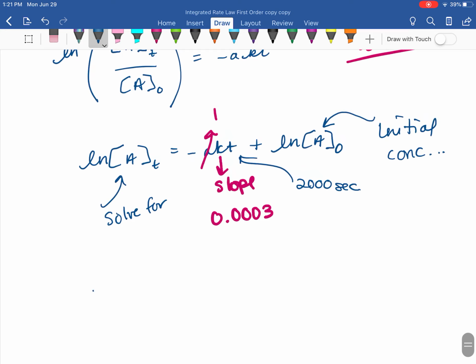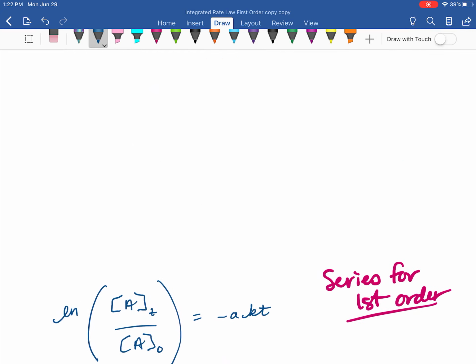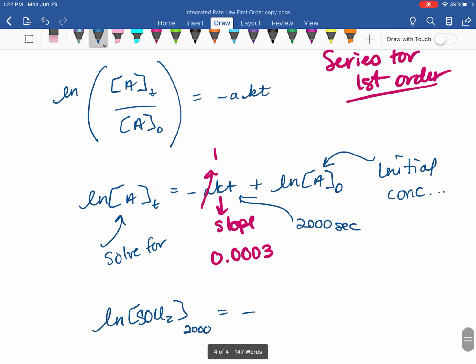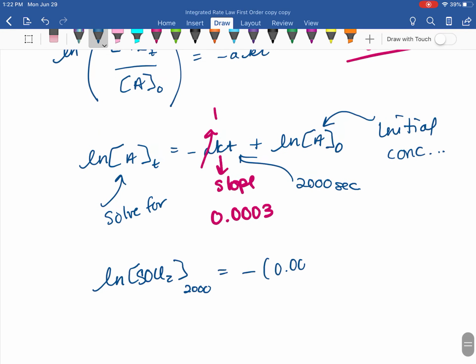Okay, so we're going to solve for the natural log of our SOCl2 at 2,000 seconds. Okay, there's our K. And what would our K be if this is first order? 1 over seconds times that 2,000 seconds that was in the problem plus that natural log of our initial.